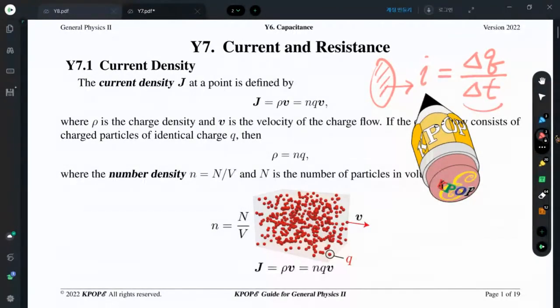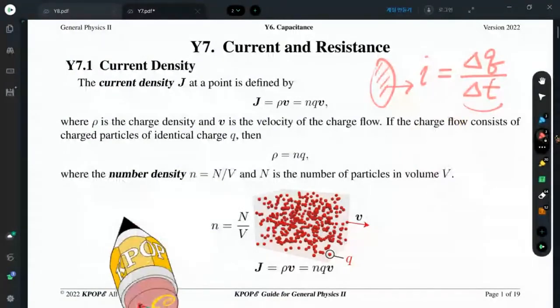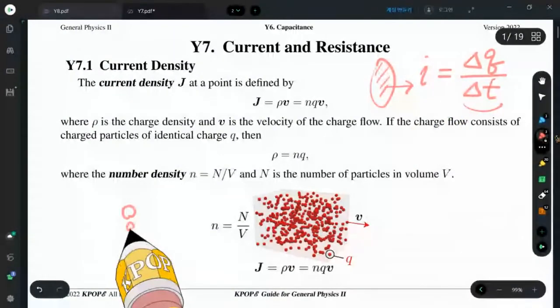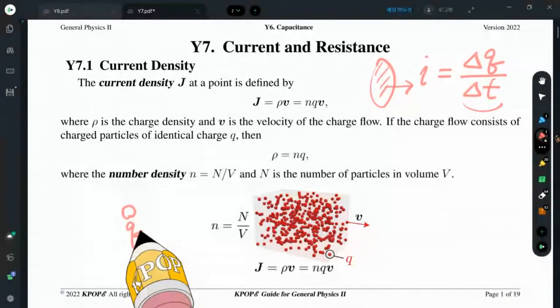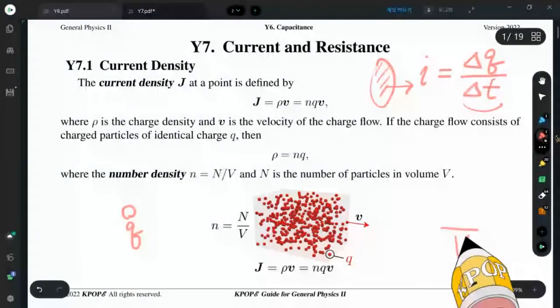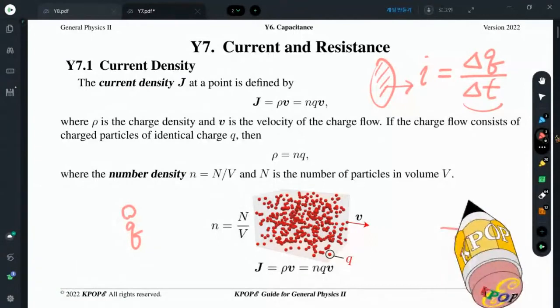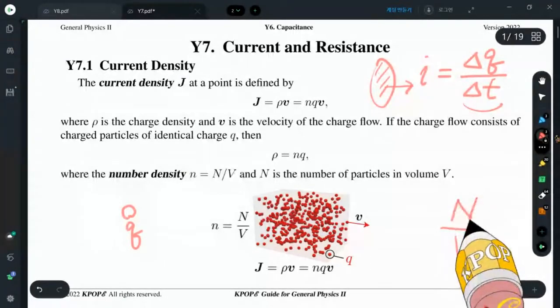To simplify our analysis, we assume that all charged particles are identical to each other. So we have a single charge, small q, filling the space. The volume is V, and inside the volume V we assume that there are N particles.